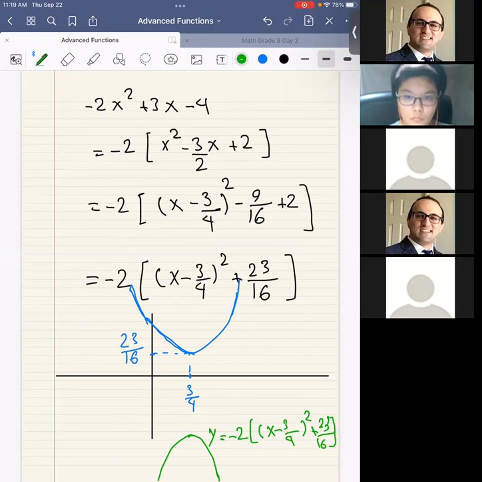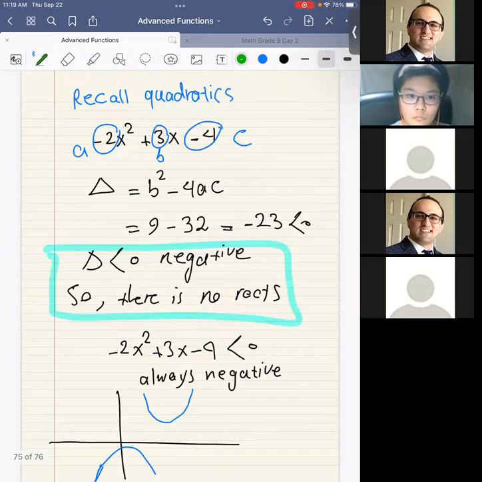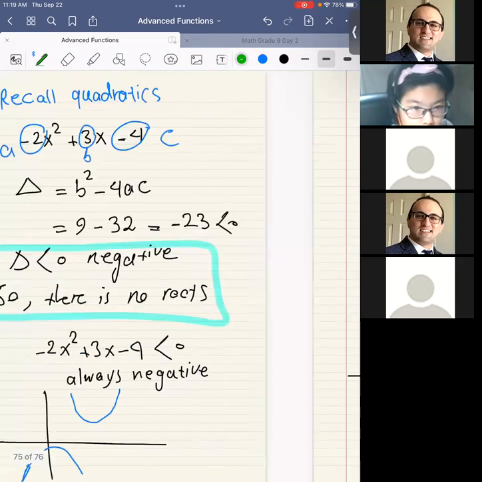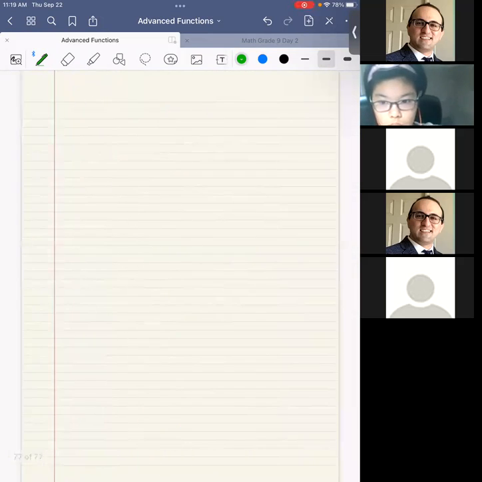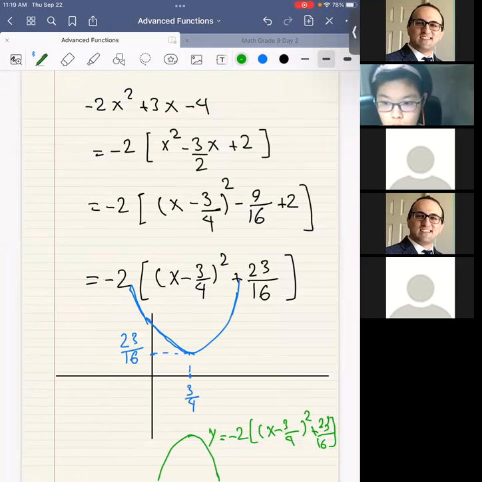So far, so good? Okay. Did you have any question, Alan? I know how to draw it. You first convert it into vertex form and you draw out the vertex, and then you use the first coefficient as negative.